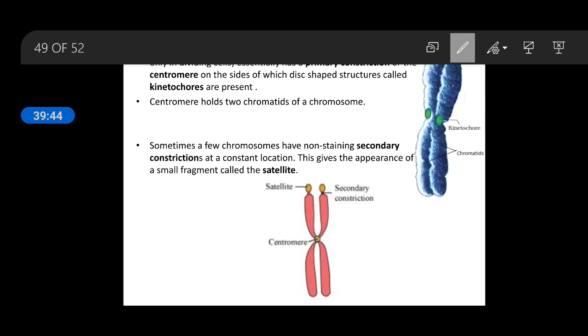In the diagram below, a special type of chromosome known as a satellite chromosome is shown. Again the two chromatids are attached by the centromere, or primary constriction, and sometimes secondary constrictions are present. The part beyond the secondary constriction is known as the satellite.